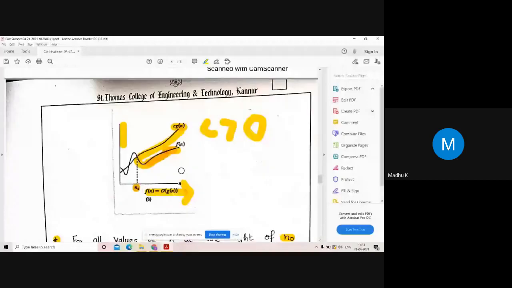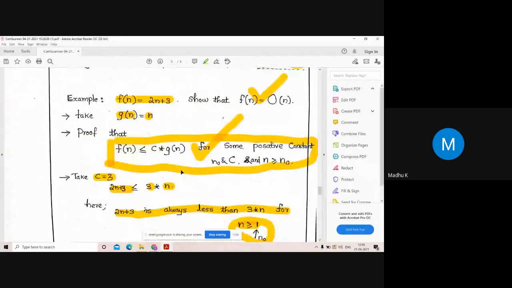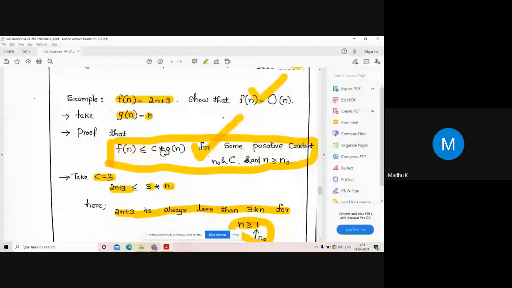What is the meaning? The example we took: f of n is equal to 2n plus 3. Okay, we want to show that f of n is below c into g of n for some positive constant n0 and c and n greater than n0.